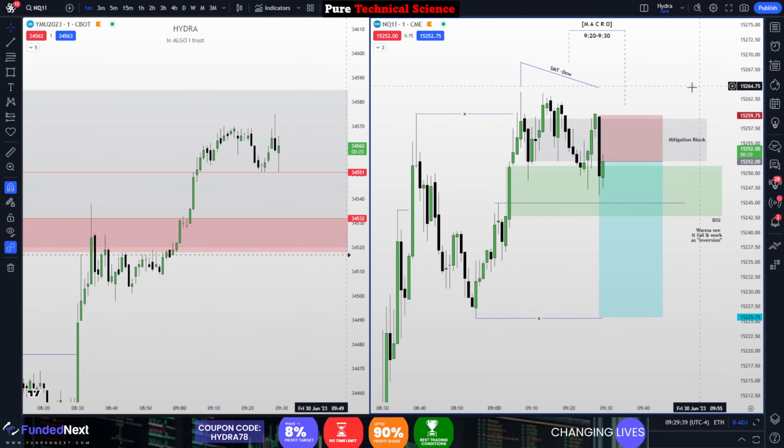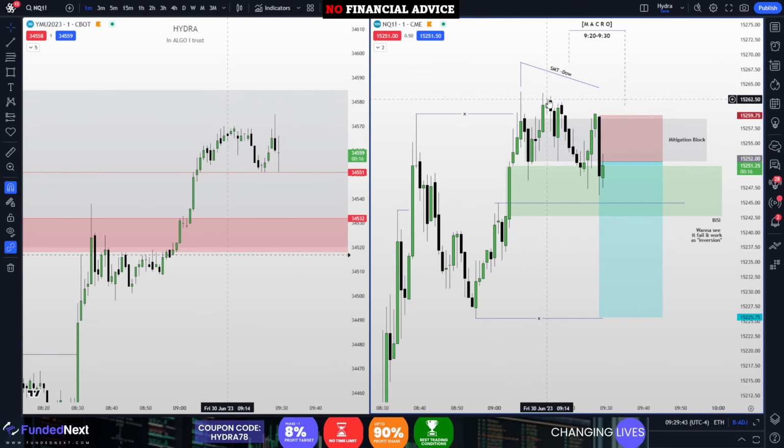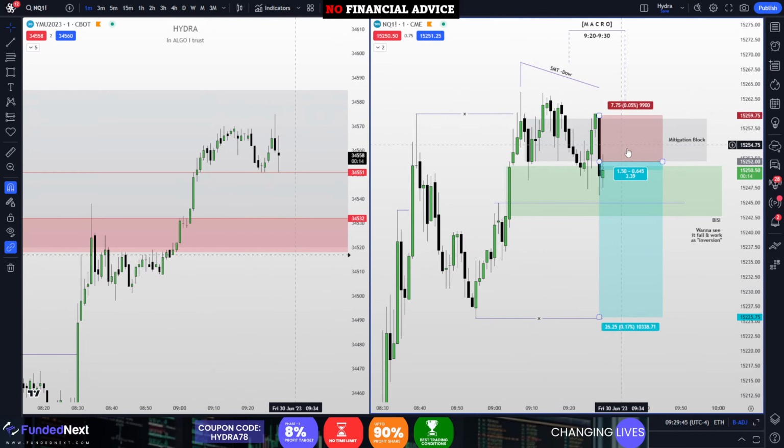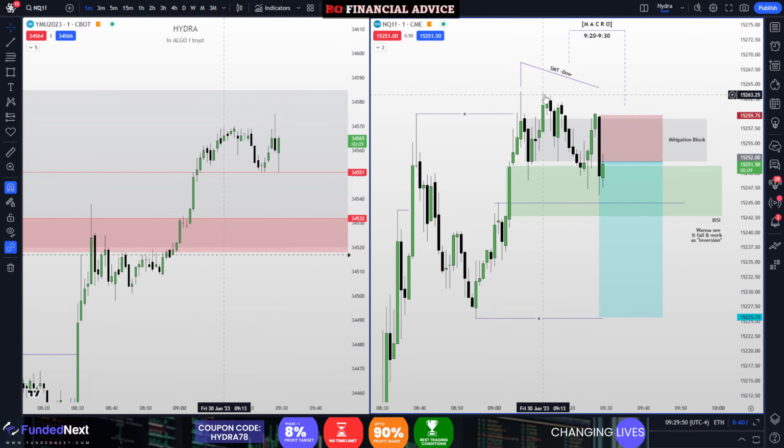from this mitigation block, if it's respecting this SMT or not, or if it's coming up and clearing these levels out. Okay, that's why I'm not engaging, because of the relative equal highs that you see all the way up here, and I'm gonna tape read this setup because of that.